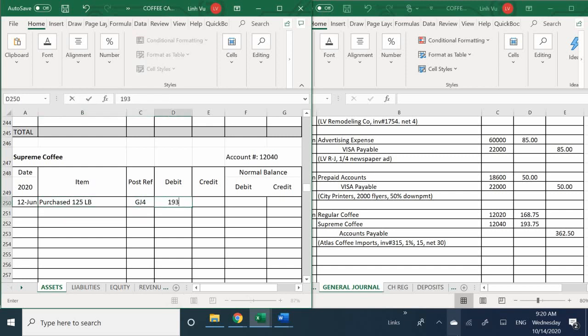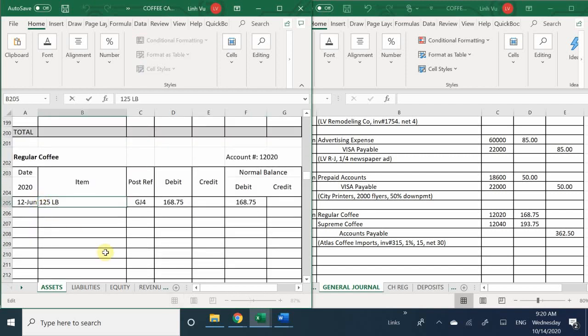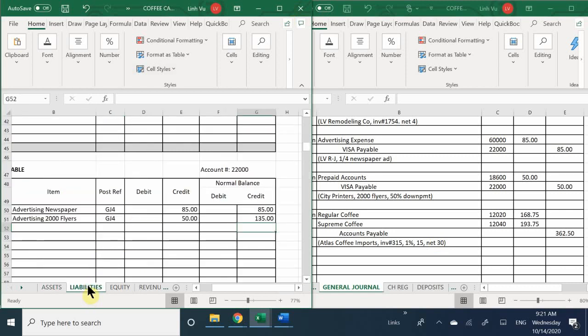And it was for $193.75, which is going to be the start of my beginning balance. Okay. So I'm going to go back up and fix this right here and indicate I purchased 125 pounds.